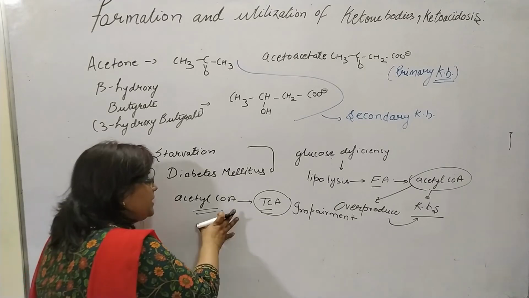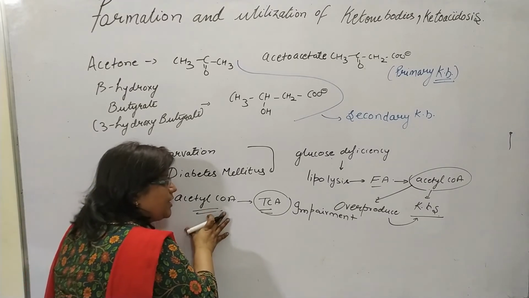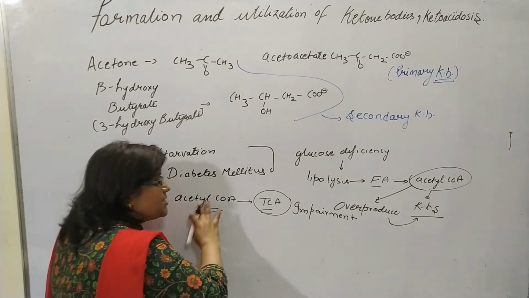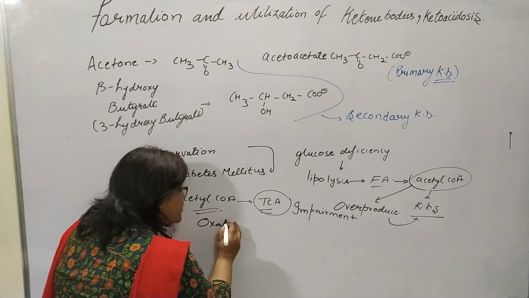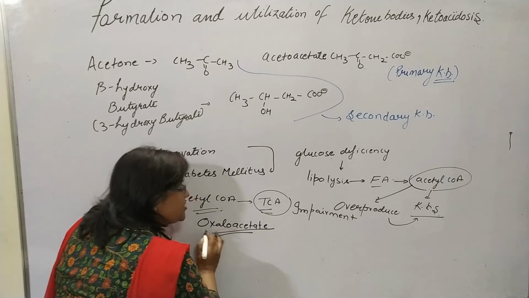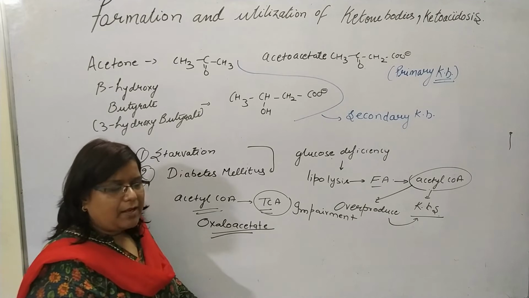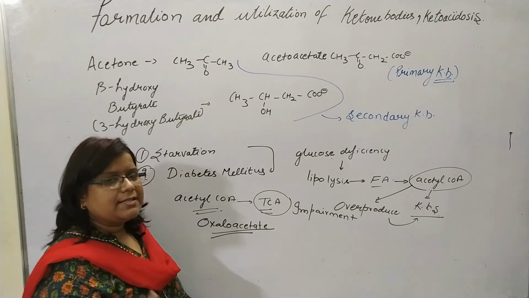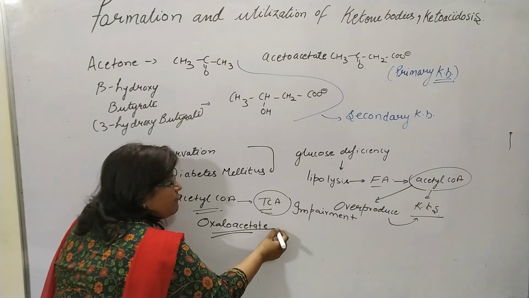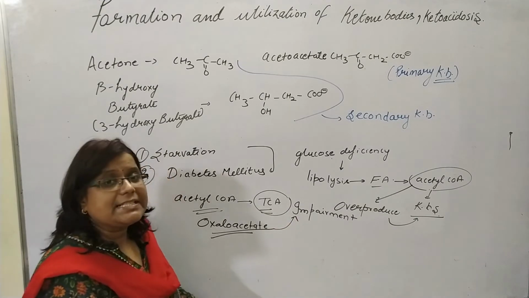Because acetyl coenzyme A is metabolized only through the TCA cycle, but oxaloacetate is deficient during diabetes mellitus and starvation, so oxaloacetate deficiency leads to impairment of the TCA cycle.